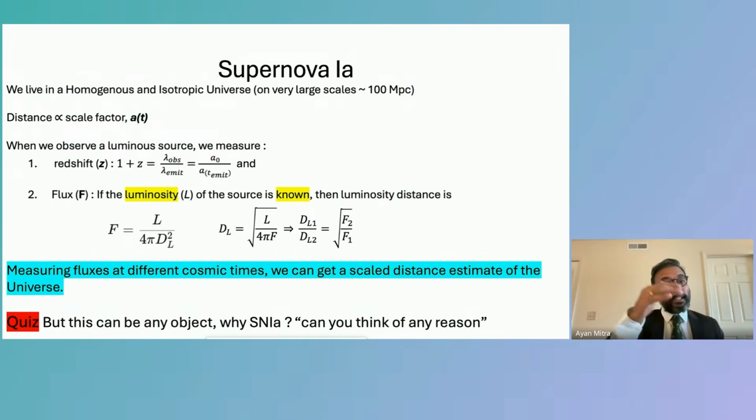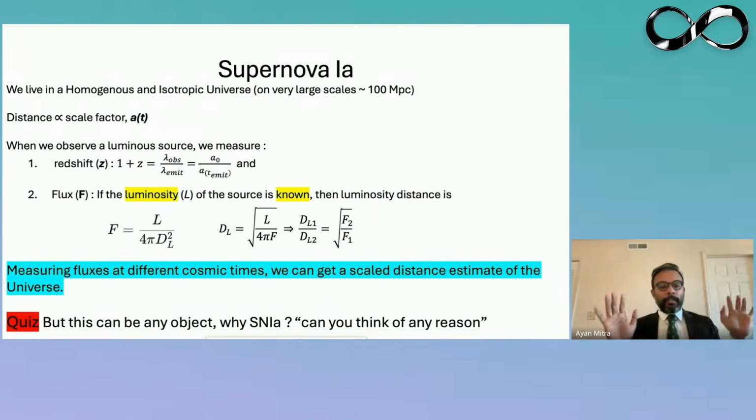So if such an object is there, then this formula, flux is equal to luminosity divided by 4 pi d_L squared, is even more interesting. Why? Because let's say you have a telescope, you point to the sky, and you observe an object tonight.